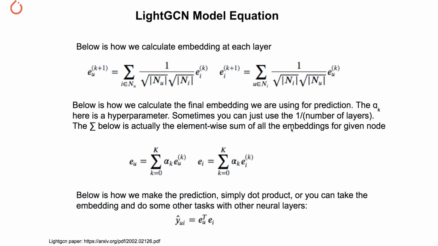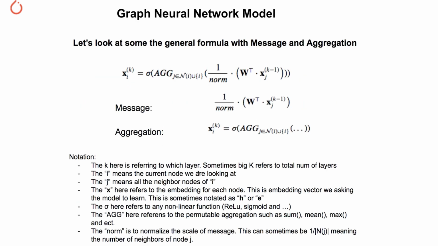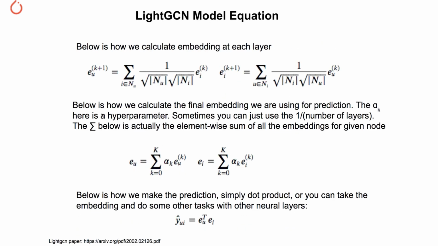LightGCN is the model that we will use for this recommender system example. It's basically an improved version of GCN. If you look at the formula here of how embedding is calculated, like I mentioned earlier, it will sometimes use H or E. Here it uses E as the embedding notation.